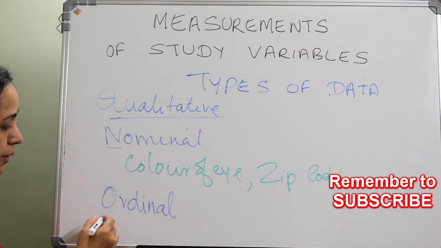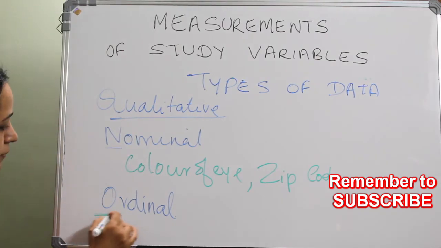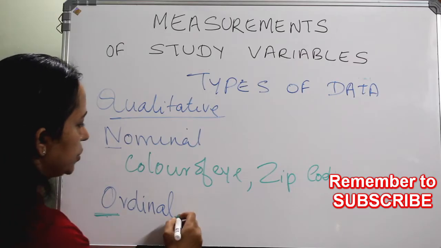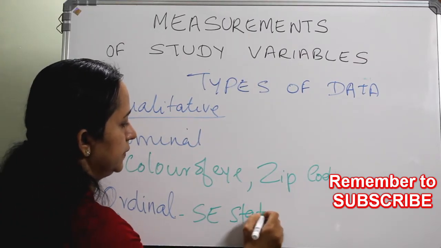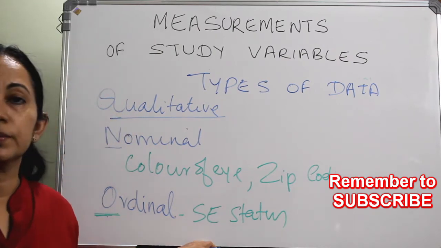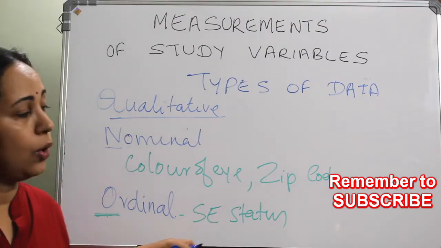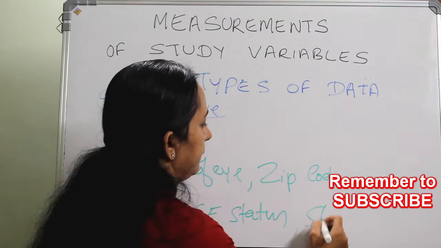And what is this ordinal? Ordinal is data with an order. Okay, named data, and this is data with an order. Example, the socio-economic status, right? The socio-economic status, we can write it as low, medium or high, or the stages of a disease.